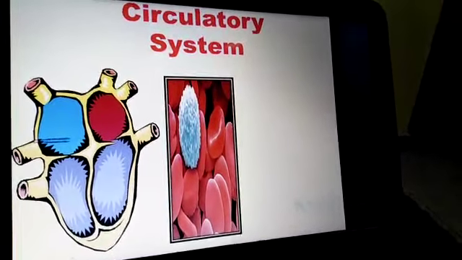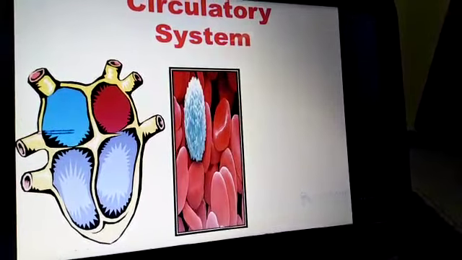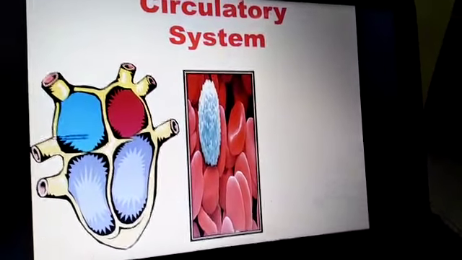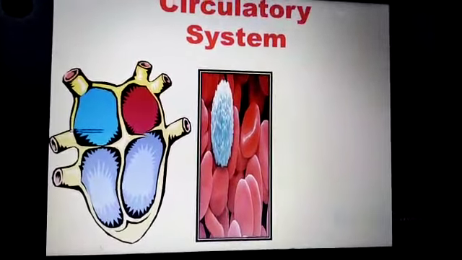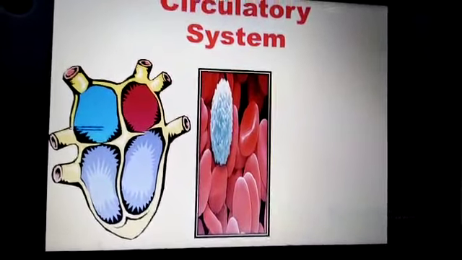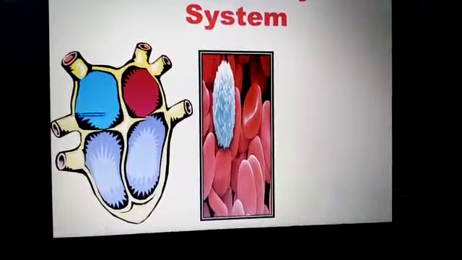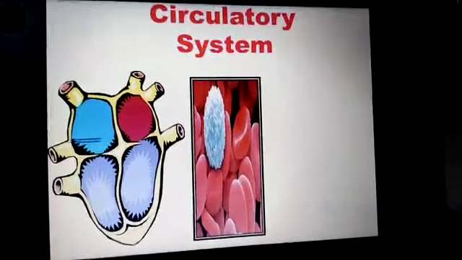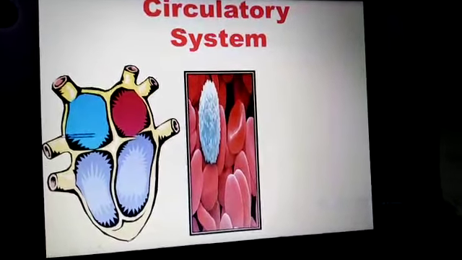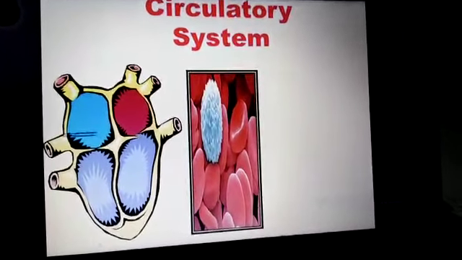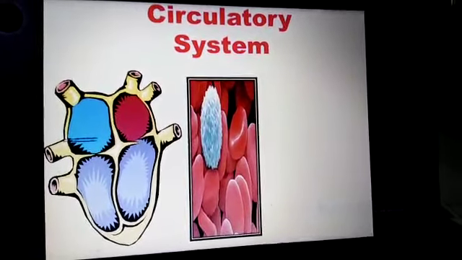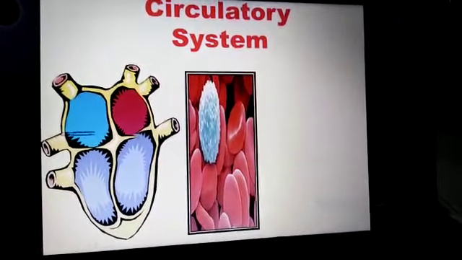And the circulatory system consists of blood. What is blood? The blood is a liquid which helps us to transport the necessary materials to all body cells, to distribute oxygen and digested food all over the body cells and to carry out wastes from all body cells.